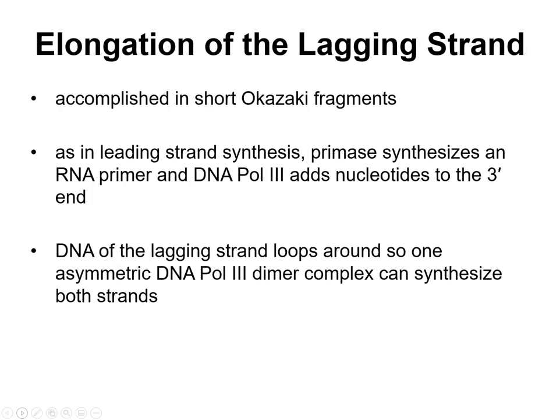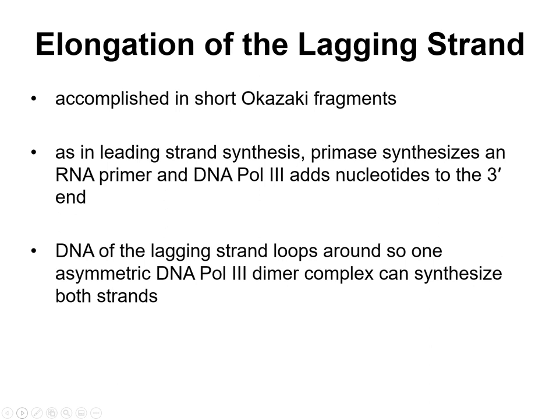The lagging strand is synthesized in short Okazaki fragments, and as the leading strand is being made, the primase will synthesize an RNA primer that DNA pol will add to, and then you have a short fragment made, then you have another RNA fragment or primer added on, and you keep going on and on, kind of alternating between the two.